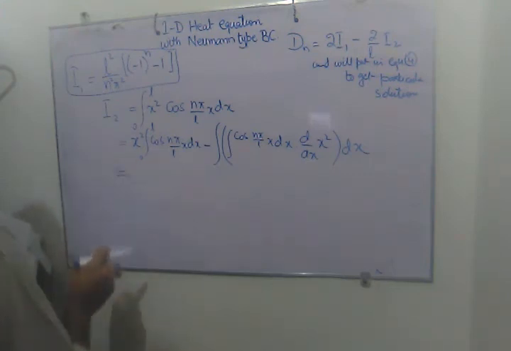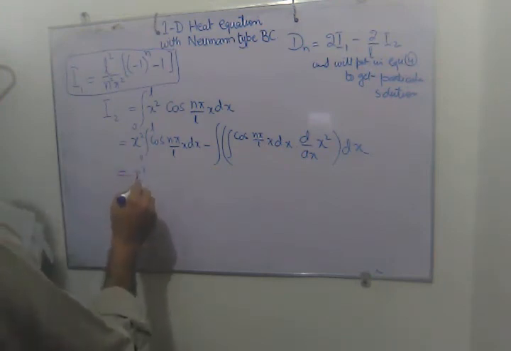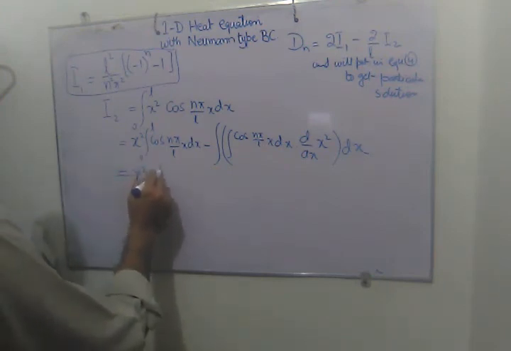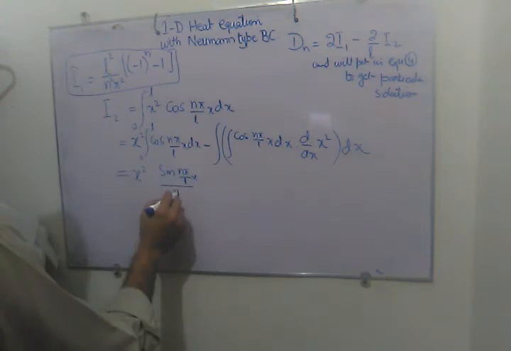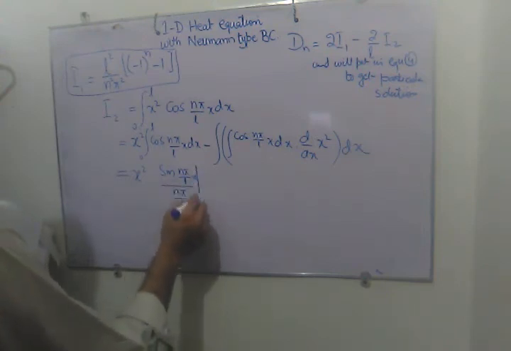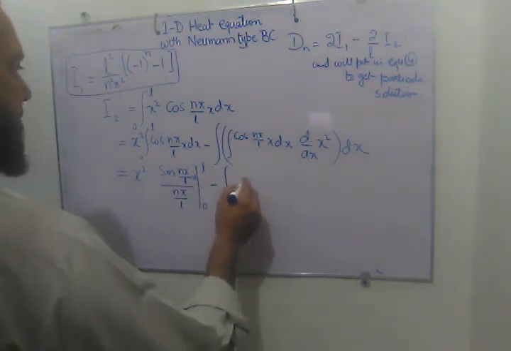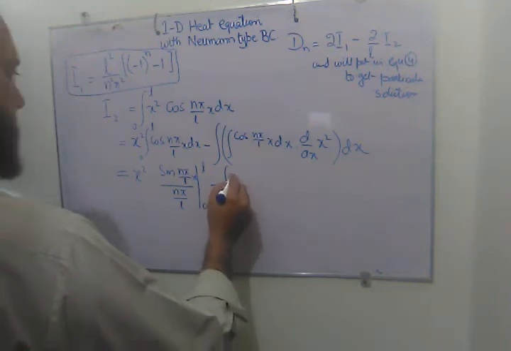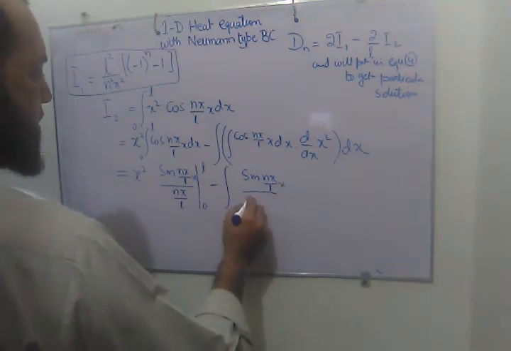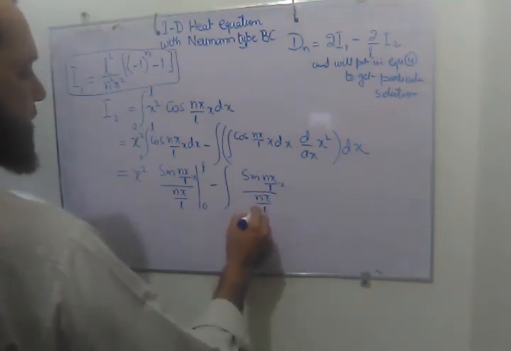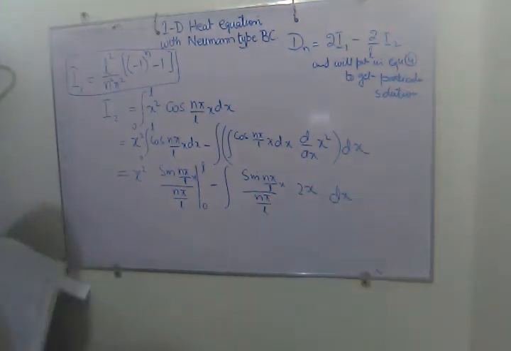So this portion will be sorted out easily when we take the integral of cos n pi upon L. It will become sin n pi upon L x over n pi upon L, 0 to L, minus the integration at this side would lead us to sin n pi upon L x over n pi upon L in the denominator, and then the derivative of x square is 2x and then dx.